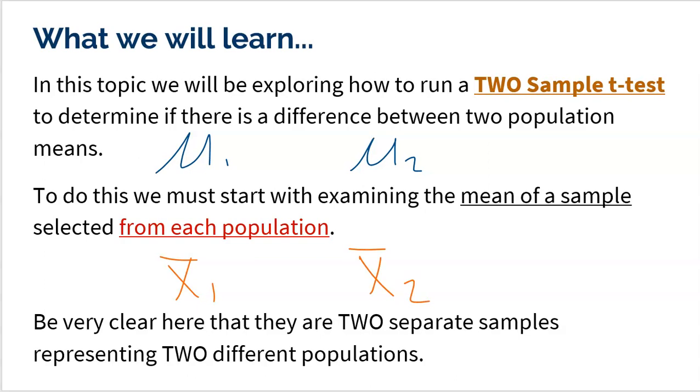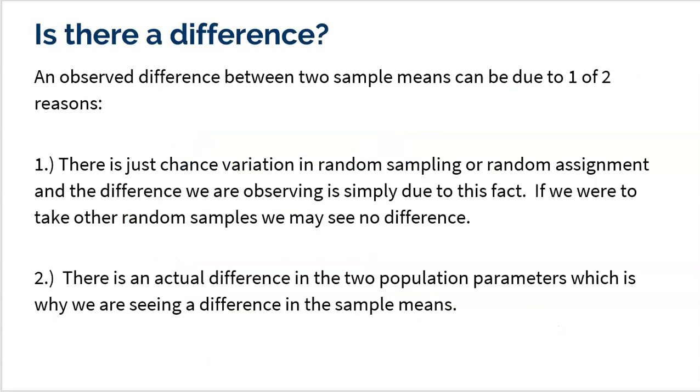So the key thing here is that we definitely have two different populations in two separate samples, one taken from the first population, one taken from the second population. Now, the whole point of topics 7.8 and 7.9 is to ask ourselves, okay, is there a difference between these two populations?